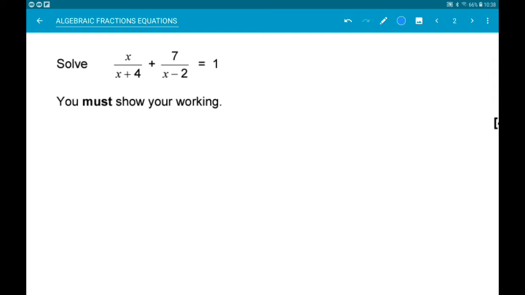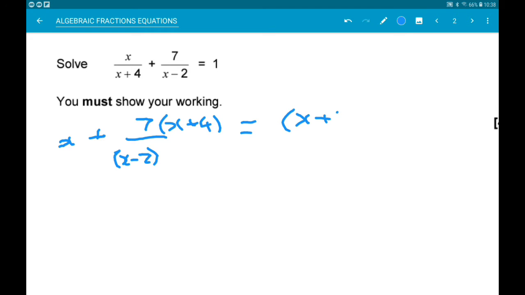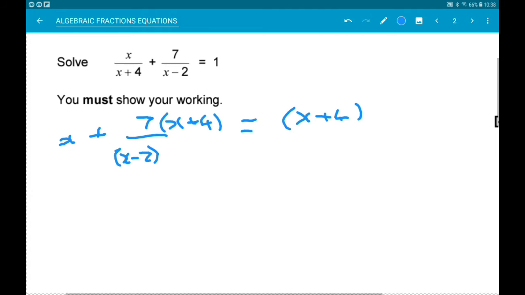So, if we multiply through by x add 4, we get x add 7 over x minus 2 times x add 4, and on the right we get 1 times x add 4. Next, I'm going to multiply through by x minus 2.